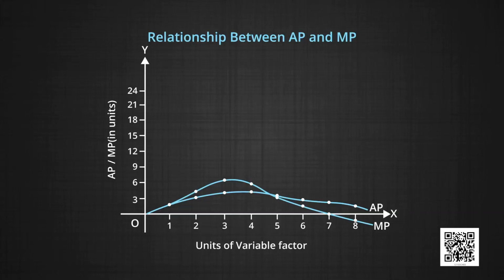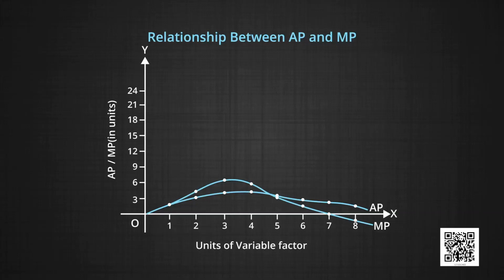Notice that AP continues to rise even when MP is falling till the third unit, as MP is more than the AP till the third unit, and the MP curve lies above the AP curve. When MP is equal to AP, AP is at its maximum at the third unit of the variable factor.